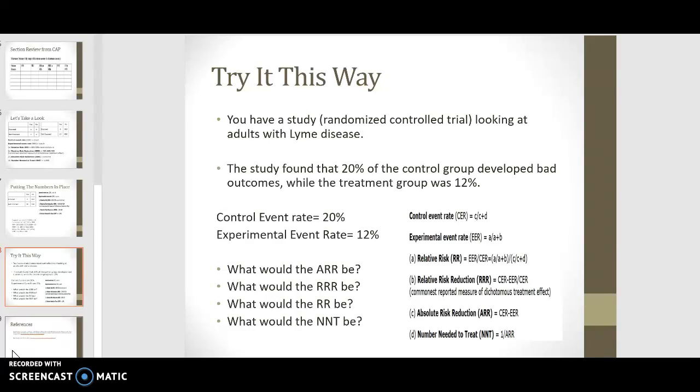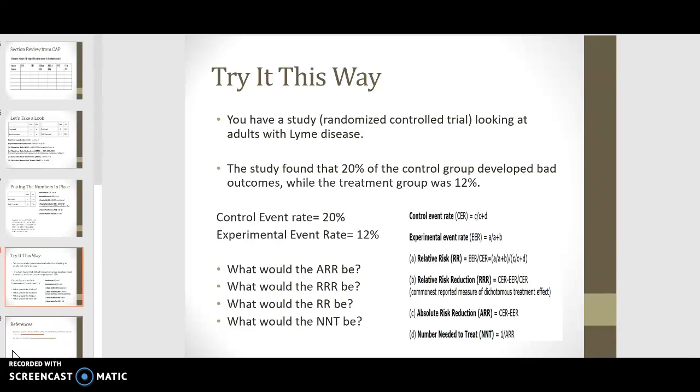We would need to treat 13 individuals in order for one person to benefit. Okay? Because the number needed to treat for one person to benefit is based off 1 divided by absolute risk reduction, which came out to 12.5.